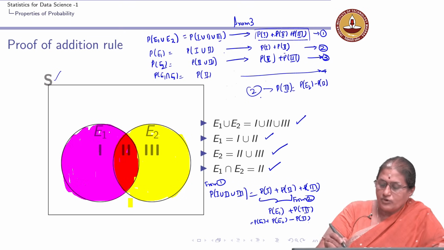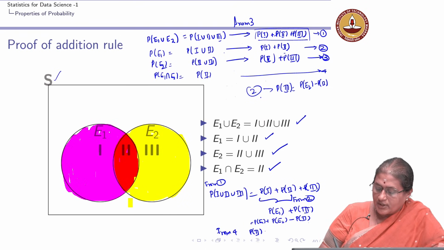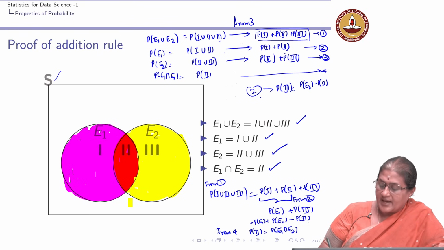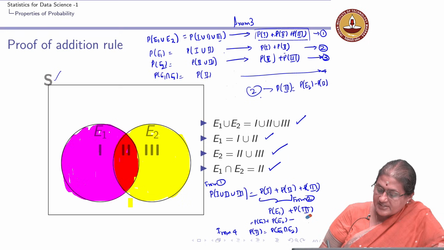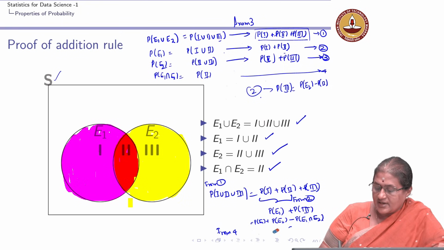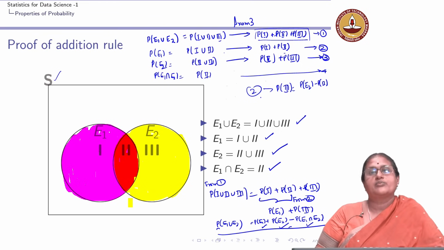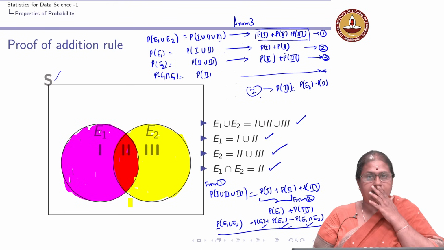But I know from 4 probability of 2 is equal to probability of E1 intersection E2, and hence I can replace this with probability of E1 intersection E2, and this actually tells me that probability of E1 union E2 is equal to probability of E1 plus probability of E2 minus probability of E1 intersection E2.